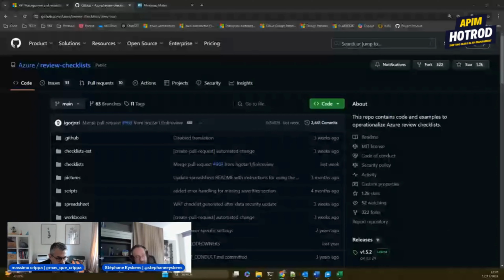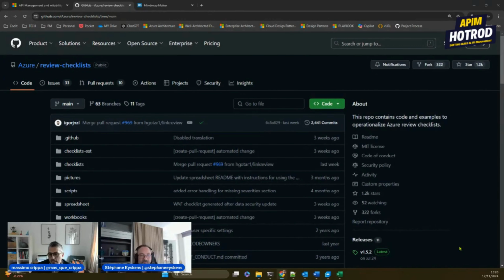Okay, I bring here my approach, and let's discuss if it makes sense. In my personal opinion, every company that performs an assessment on API management has their own checklist. I advise starting with this Azure official review checklist that you can find at this GitHub repository.